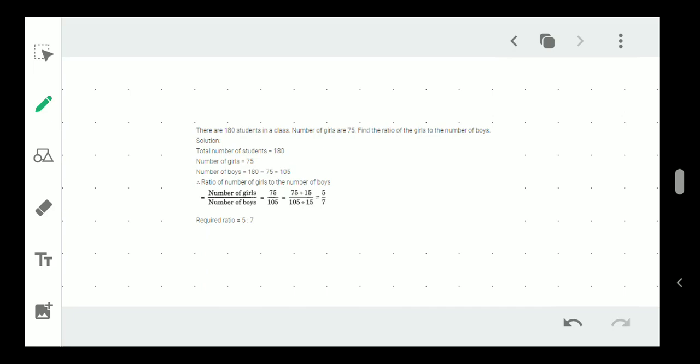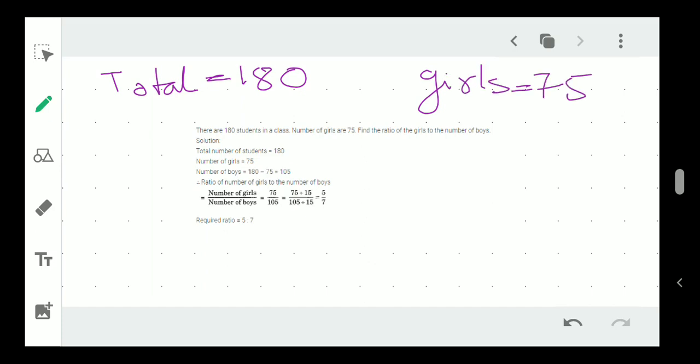Now here we have, at last, a little bit interesting and a little bit difficult question. The question is, there are 180 students in a class, so the total number of students is 180. The number of girls is 75.